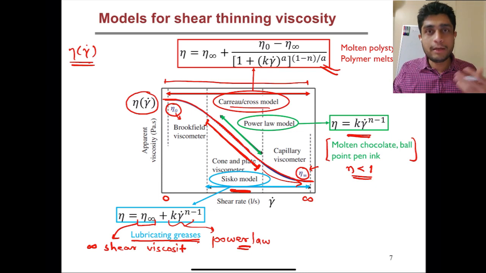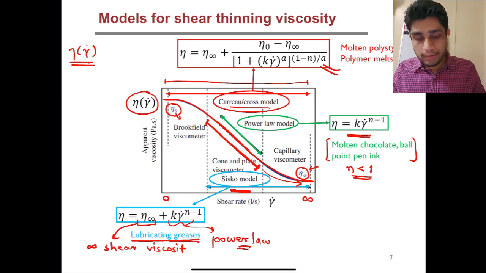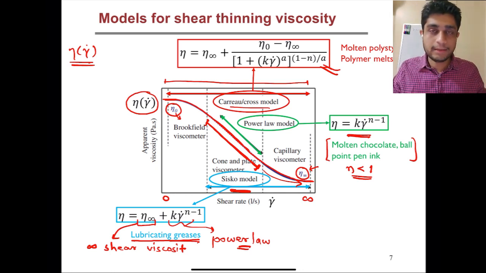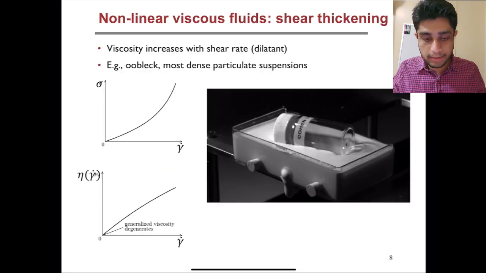And now we can use this function in various pipe flows or while measuring the performance of pumps when it is pumping this kind of shear thinning fluid. So these models make the analysis easier, and that's the application of these models.